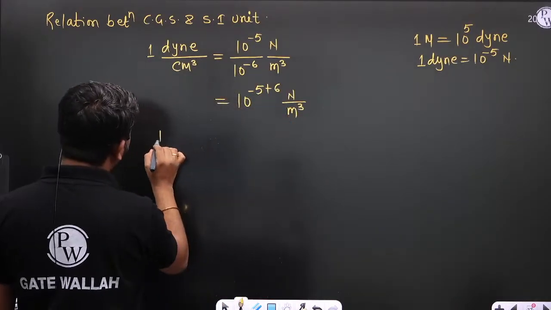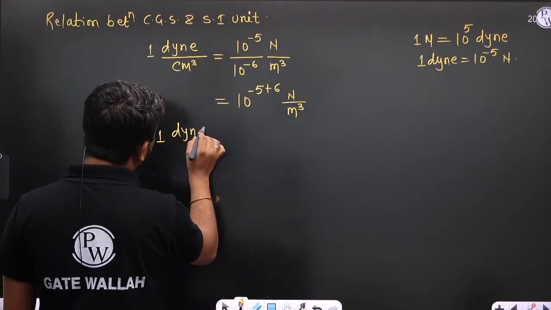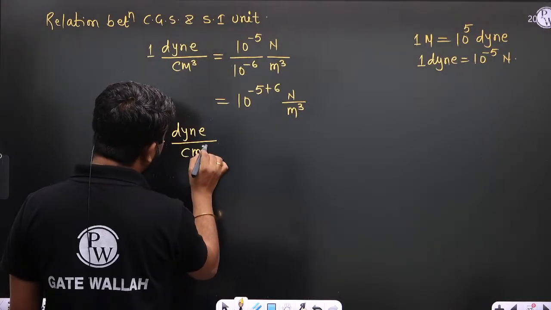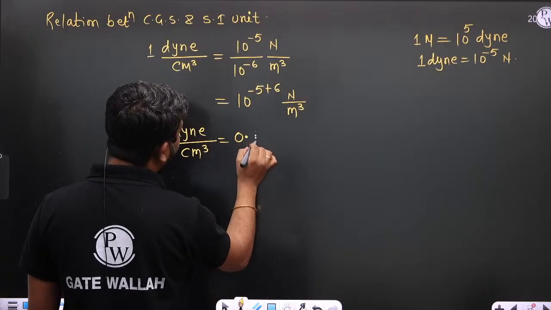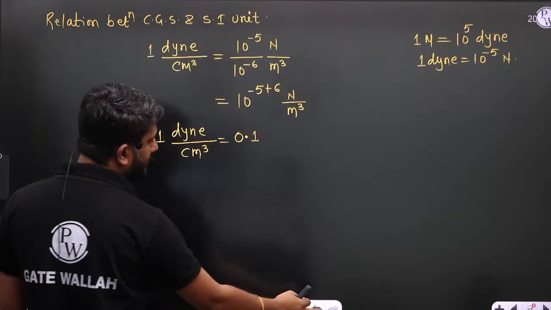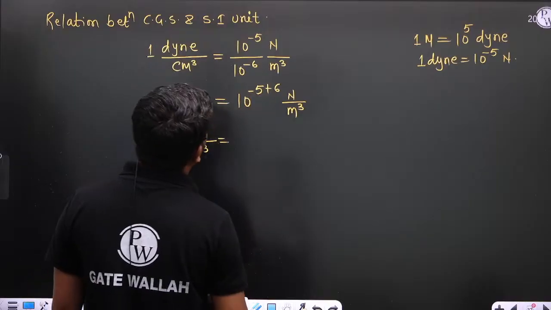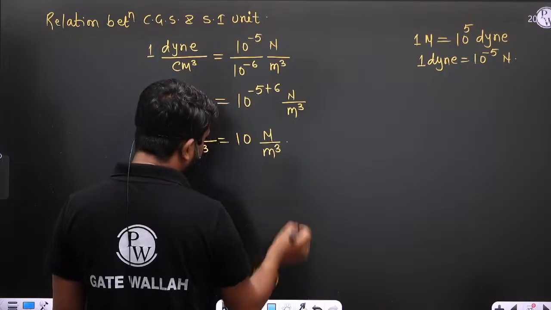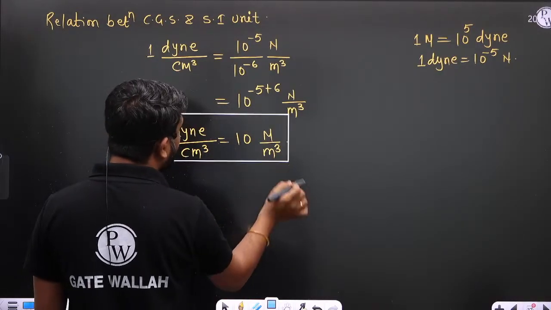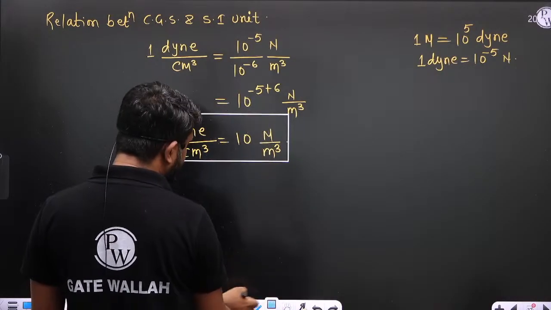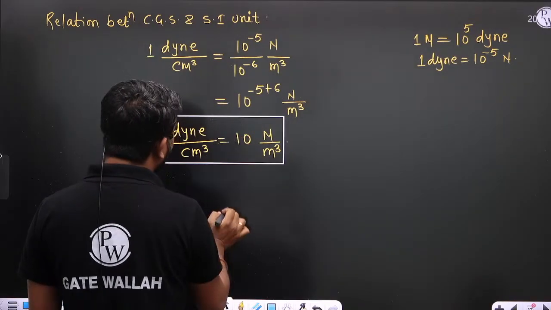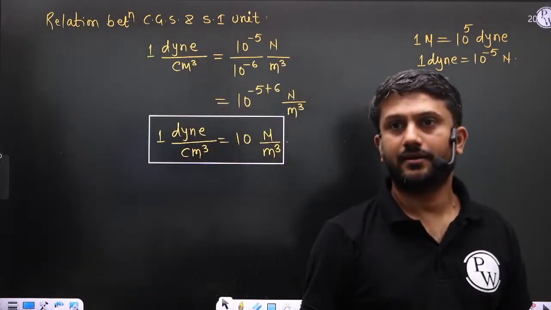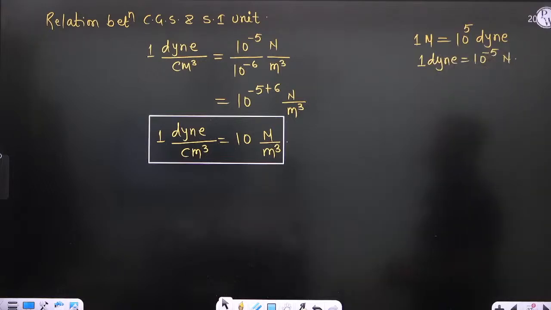So 1 dyne per centimeter cube is equal to, sorry, 10 to the power minus 5 plus 6, this is 10 Newton per meter cube. So this is the relation between the CGS unit and the SI unit, right? 1 dyne per centimeter cube is equal to 10 Newton per meter cube. Is it okay?